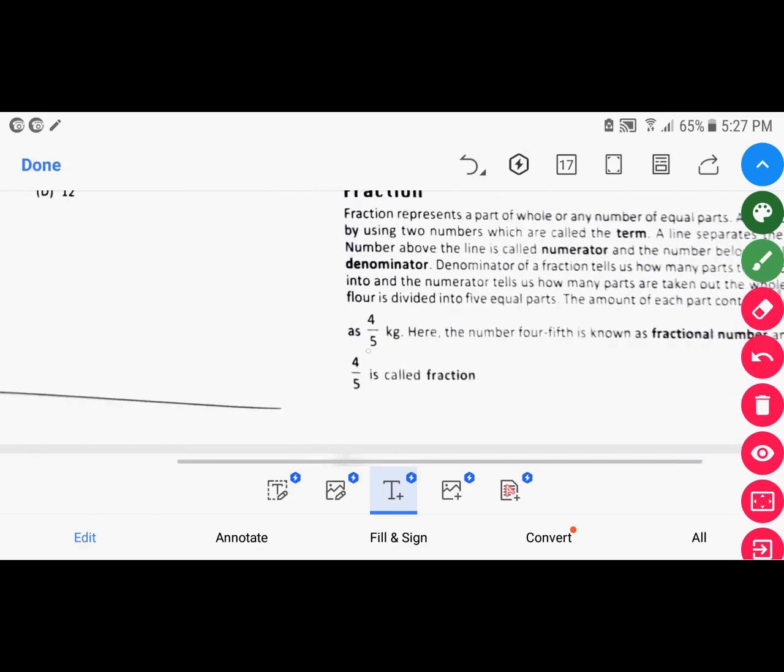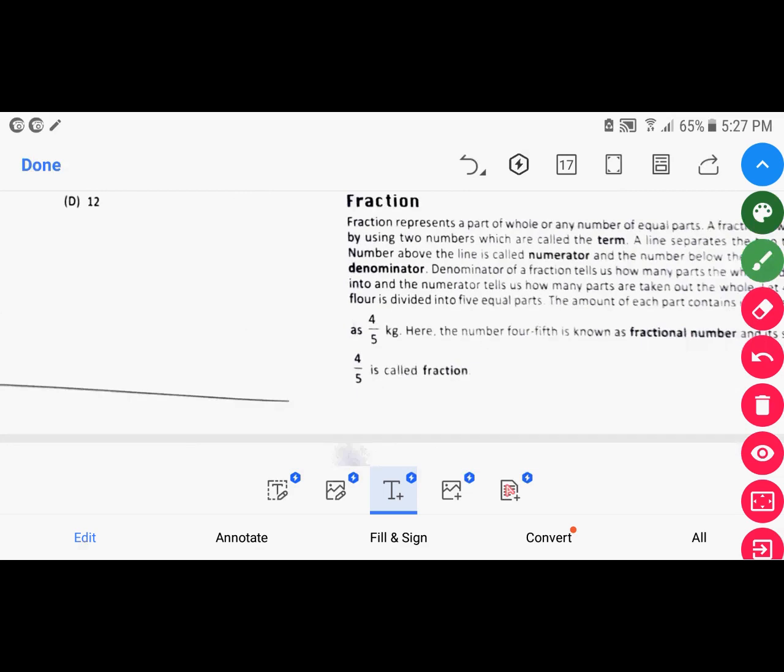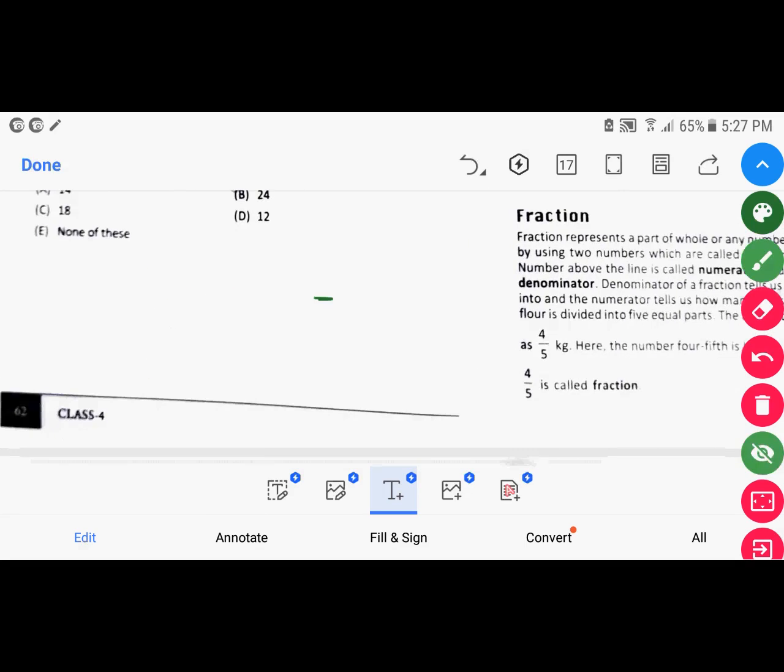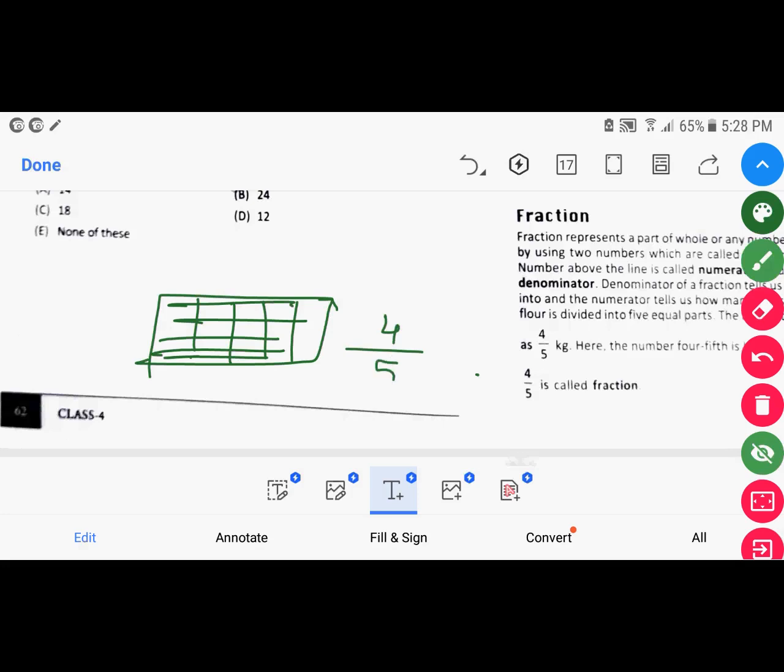4 by 5 is one example of a fraction number. It means there is one thing which is divided into 5 equal parts. I will show another thing. This is one thing and it is divided into 5 equal parts, and I have taken 4 parts out of it. So it is represented by 4 by 5.